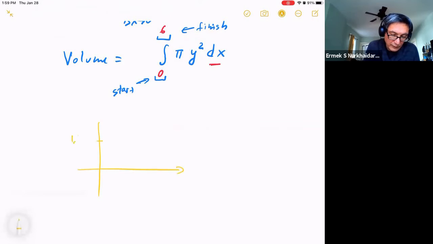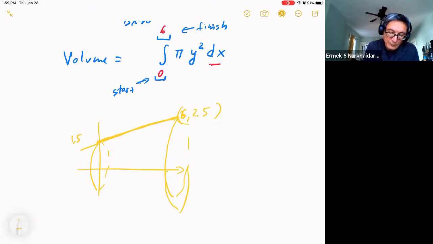It's 1.5 here, and 6 and 2.5 here. And then we have that straight line. Because you remember where it's coming from. It's coming from this type of picture. That's what we did. So we had 6 here, and we had height in diameter of top is 2.5.